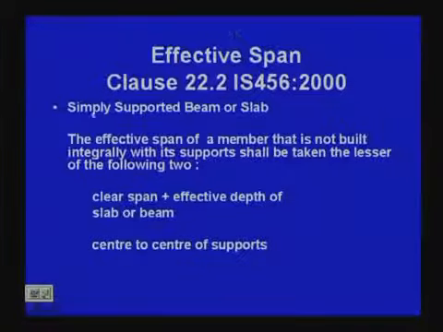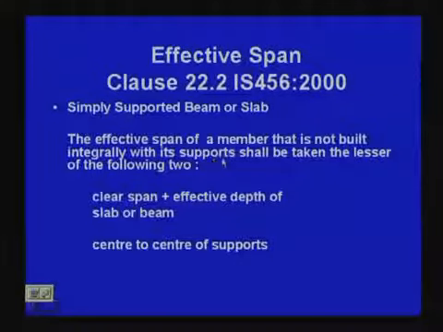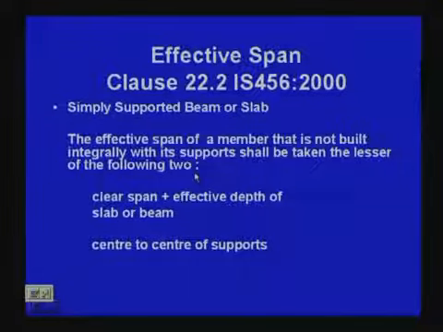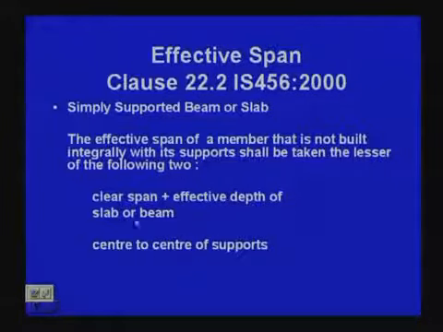If it is a simply supported beam or slab, the effective span of a member that is not built integrally with its supports, that means no moment is developed in the support, shall be taken as the lesser of the following two. That means we have to calculate the clear span plus effective depth of slab or beam, whichever the case you are considering.